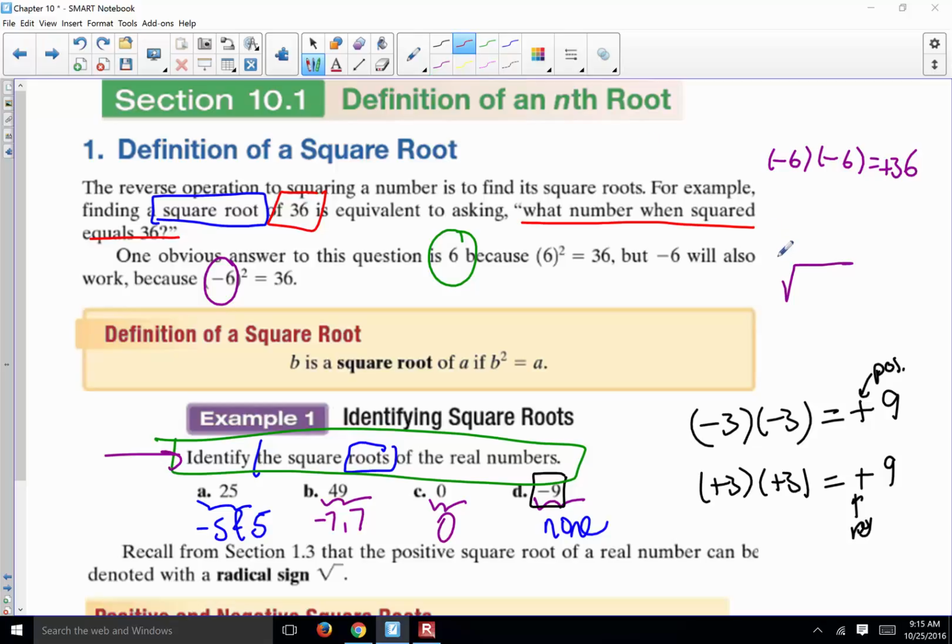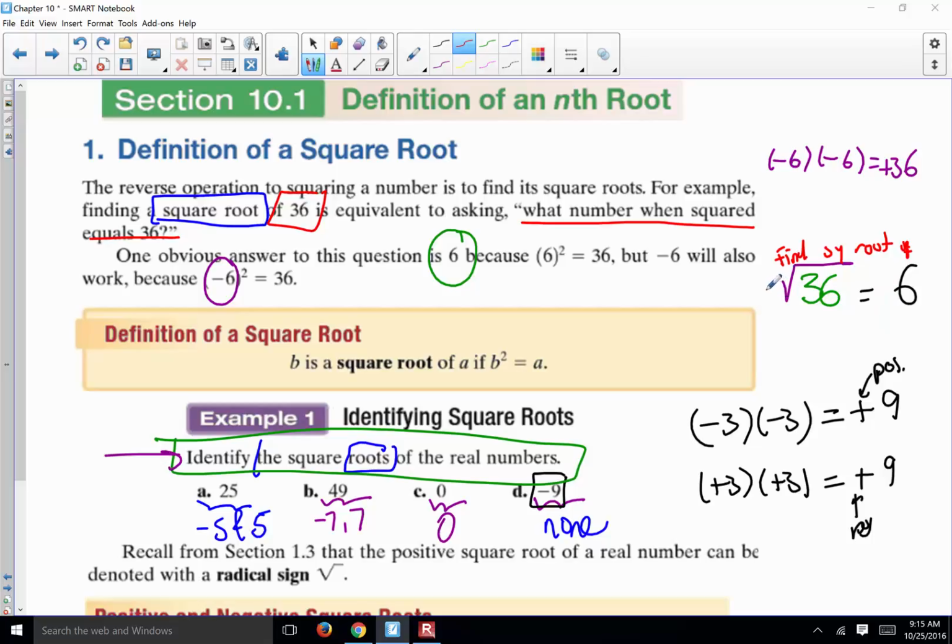When I put this notation, this means find the square root of whatever number comes underneath it. For example, 36. Again, what does this notation mean? Find the square root of this number, which is, you're going to tell me, 6. Oh, but we figured out there are two, plus or minus. Which one do I mean?